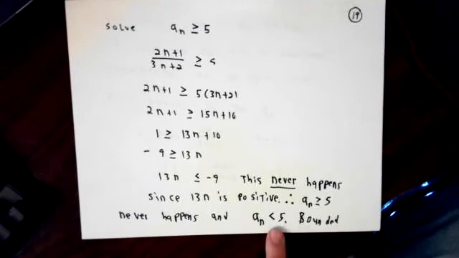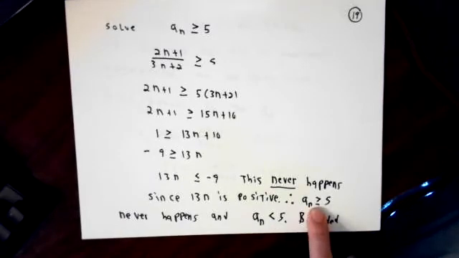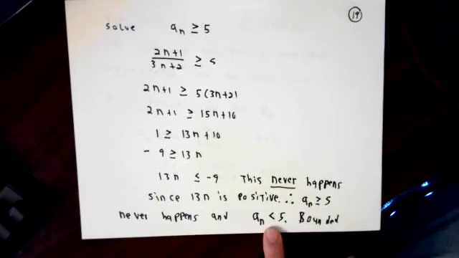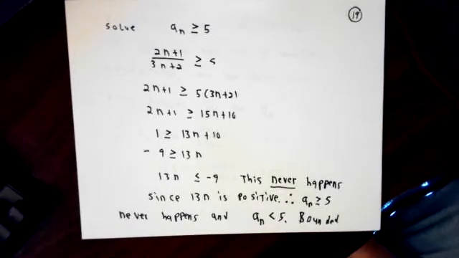So this never happens, and if that never happens, that means that this always happens. 5 is an upper bound for the sequence. It is not the tightest upper bound, it's not the least upper bound, but it is an upper bound for the sequence.